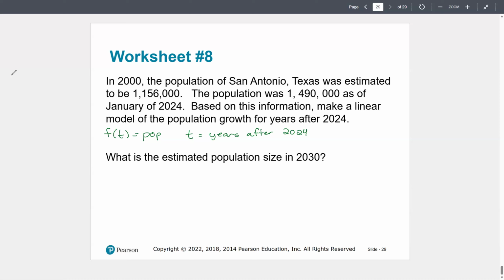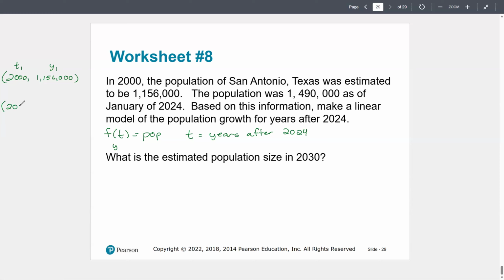So that means we have ordered pairs where we're looking for t. Remember, this is going to be simply by y. So my ordered pairs are going to be, I have the year 2000 and the population was 1,156,000. So that's one set of points. So T1, and we'll say Y1. And the other ones will be our twos.